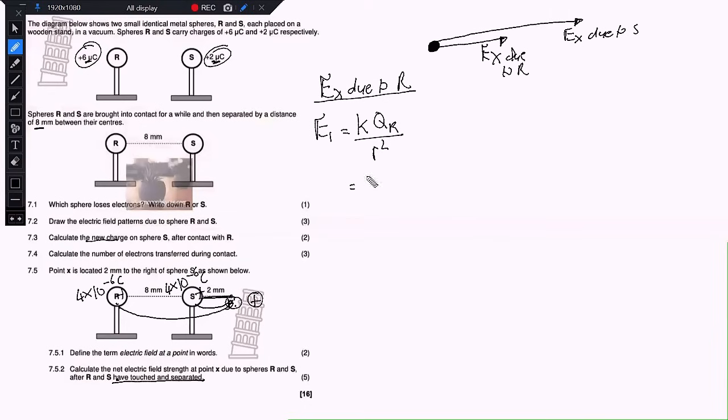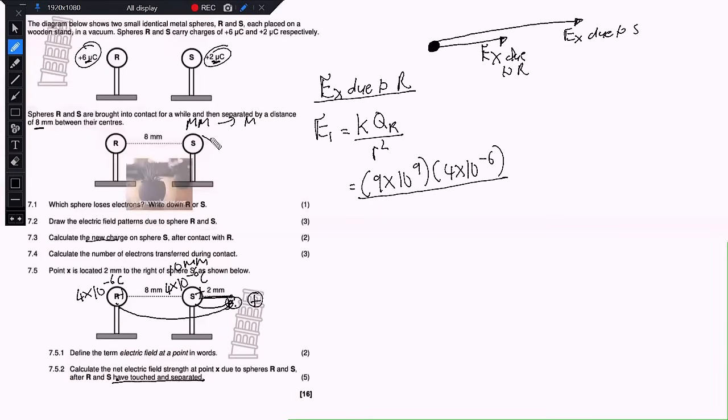Now that means I will have 9 times 10 to the exponent of 9, and then the charge I'm going to use 4 times 10 to the exponent of negative 6. But then the distance in between, I have to note it's 8 millimeters and this 2 millimeters, which will give me 10 millimeters, right? But then remember, millimeters to meters, because our distance should always be in meters.